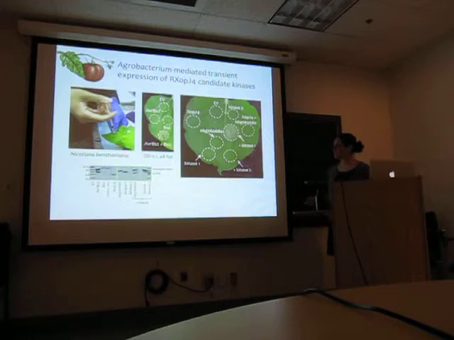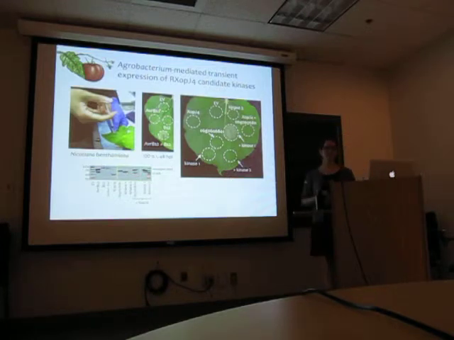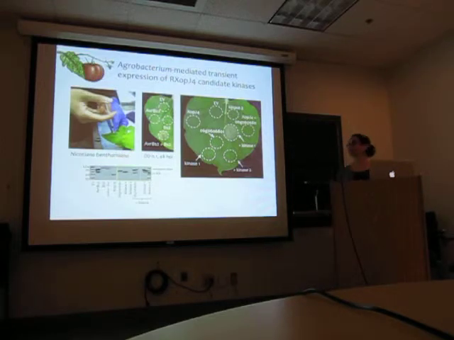And so on this Western blot, you can see that 0680 was expressed as well as kinase 1. Kinase 2 was unfortunately not expressed. This was the only one of the 3 that had predicted introns, so it's possible it wasn't spliced properly in Nicotiana. Haven't been able to follow up on that, but in any case, this was a very strong indication that kinase 1 was the RSOPJ4 resistance gene.